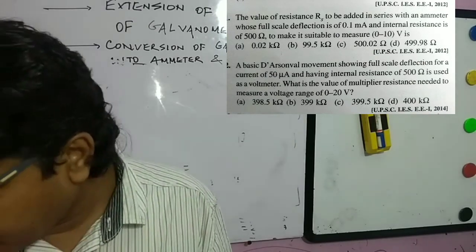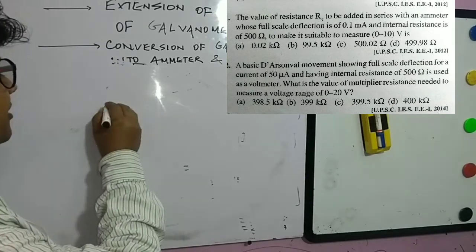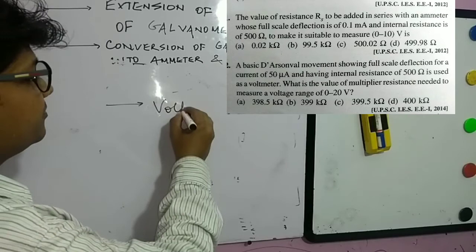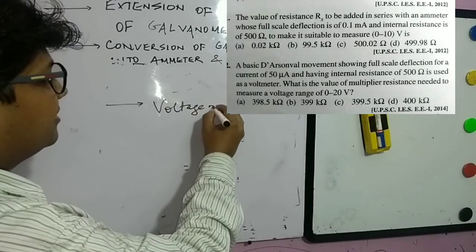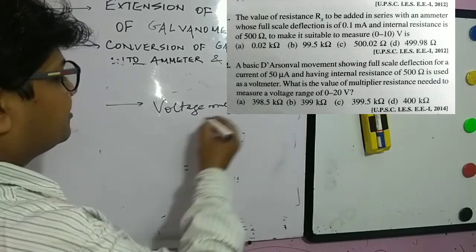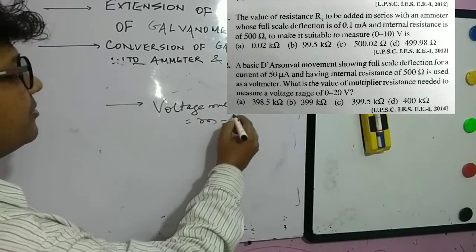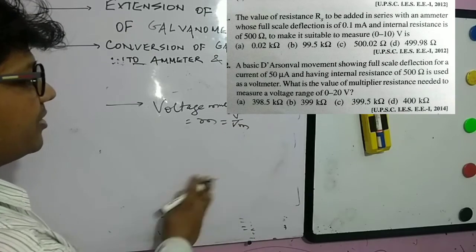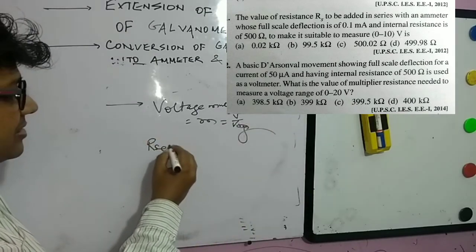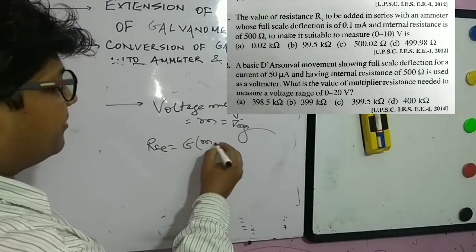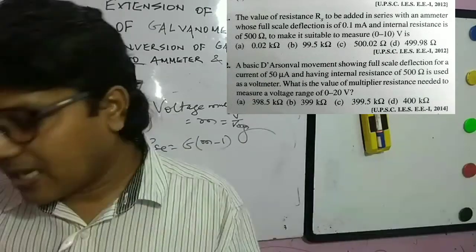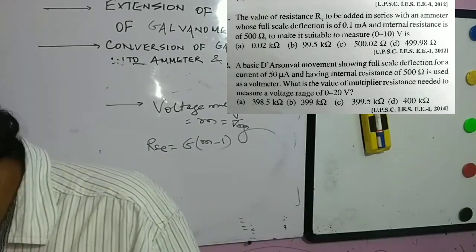We have to find out the voltage multiplier factor. So this is m, and m is equal to V by Vg. So what we can write, Rse is equal to G into (m minus 1). This is the question. So first of all we calculate the series resistance.